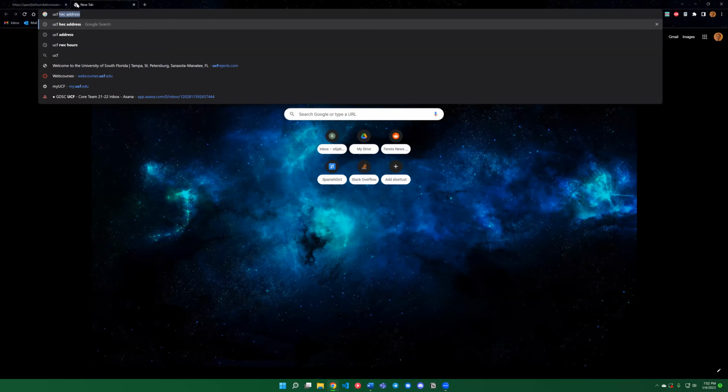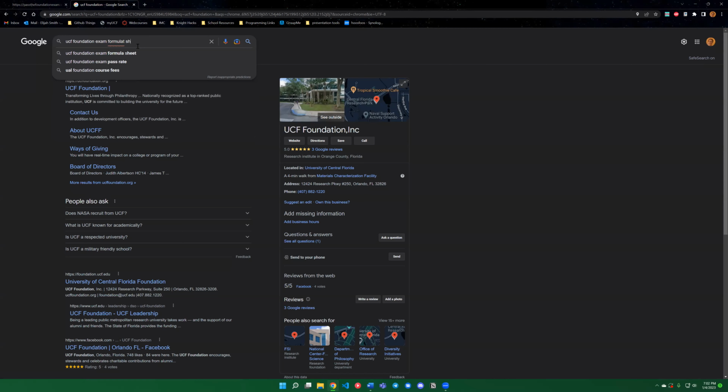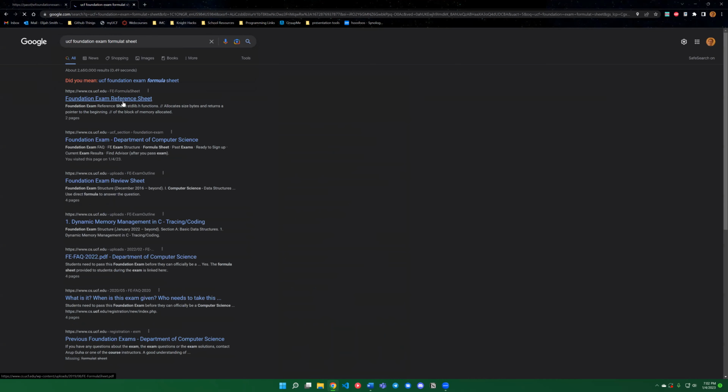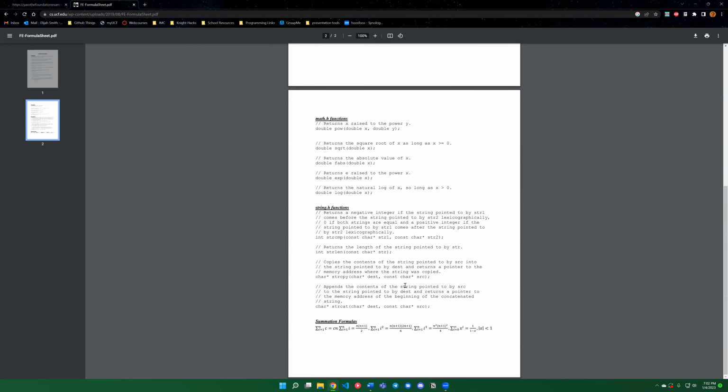So if you go to the UCF Foundations exam formula sheet, reference sheet, I can scroll all the way to the bottom, and we have a couple of summation formulas that are going to be really important for solving these summation problems.